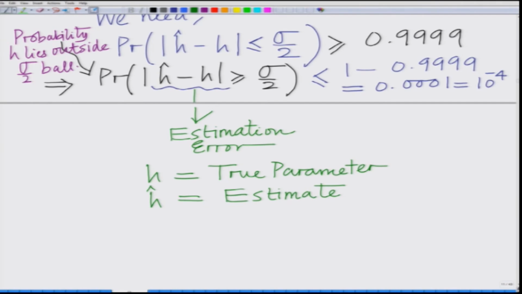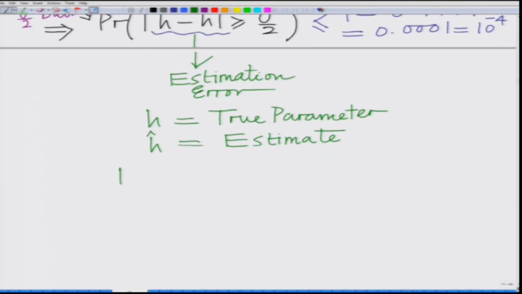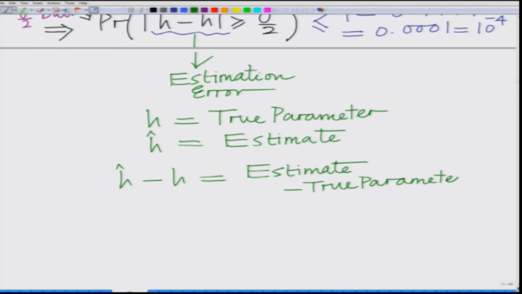So, H hat minus H equals estimate minus true parameter, and this is equal to W, which is the estimation error. Okay. So, this is W, which is the estimation error.